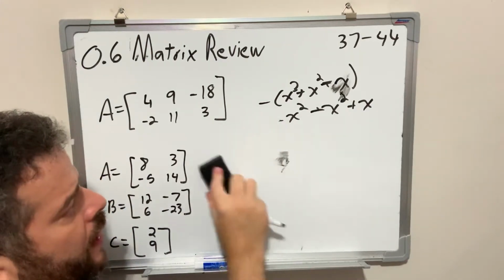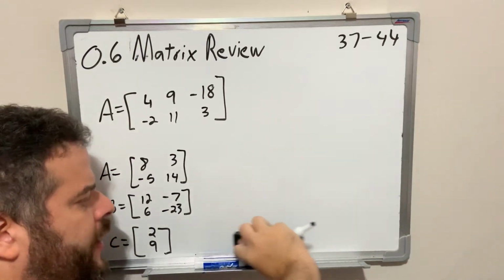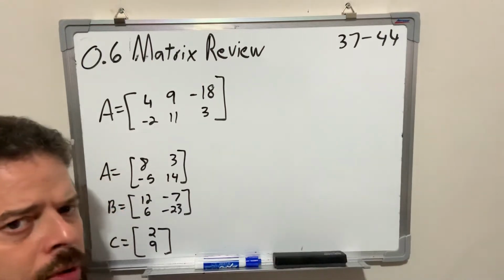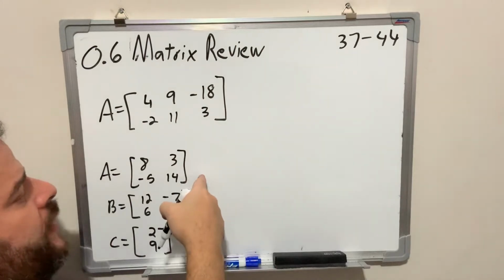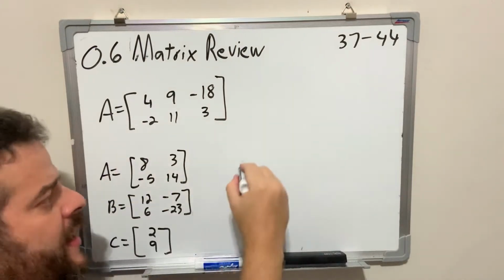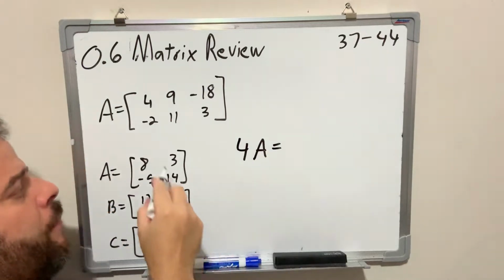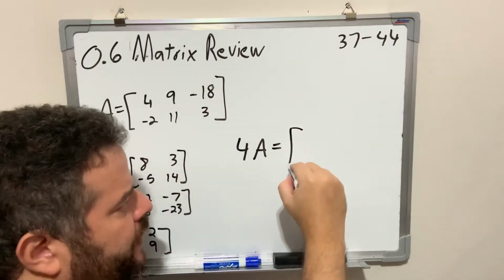Now, there are two types of multiplication we're gonna go over in matrices. And today we're gonna look at just the first one, which is scalar multiplication. Let's say I take, for example, A is this, and I say 4A. That means I'm gonna multiply this entire matrix by 4, every single element.